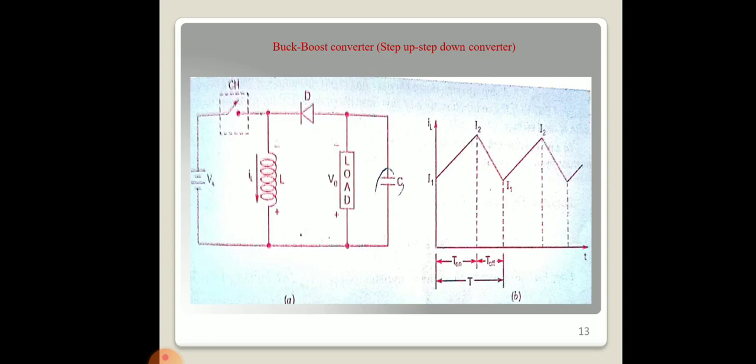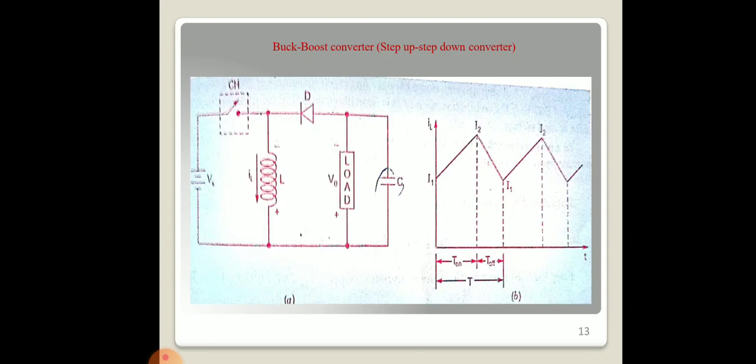This is the basic circuit and waveform of the buck boost converter, step up or step down chopper. It also consists of a fixed DC source Vs, fast acting switch CH, inductor L, diode D, and capacitor C to maintain the load voltage constant, and the load. During T on time, current increases from I1 to I2, and during T off time, current reduces from I2 to I1.